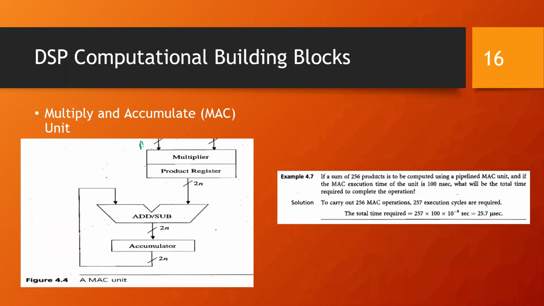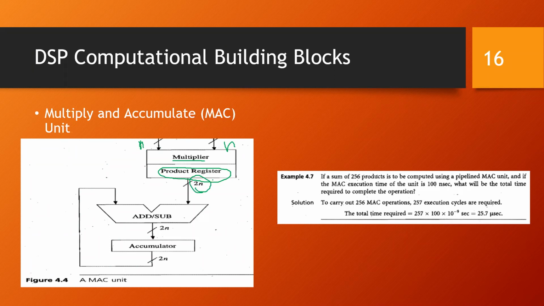Now, what happens in these cases? Here you'll have two n-bit inputs, which are given to the multiplier. You'll get the product, which is stored in the product register. And as we had discussed, if I'm multiplying two n-bit values, the maximum size of the product can be 2n.